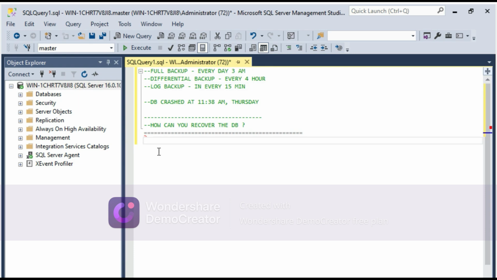So the DB crashed on Thursday 11:38 a.m. On Thursday 3 a.m., definitely the full backup has been done.